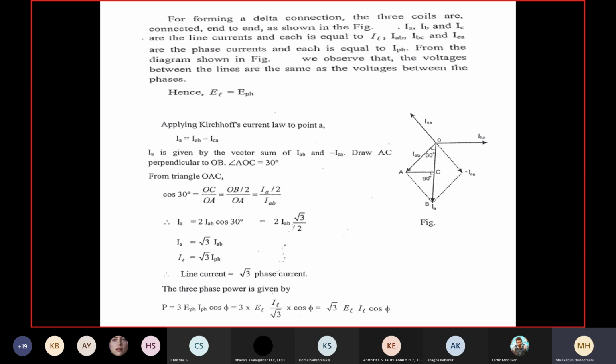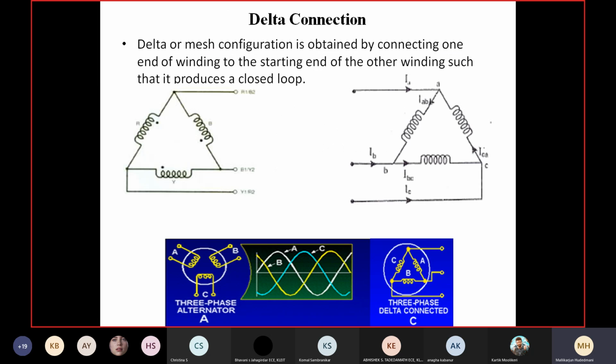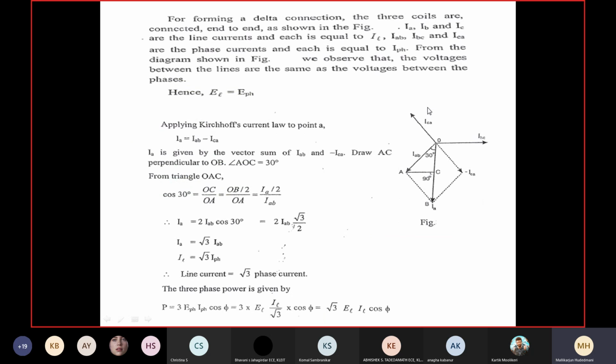Later, applying Kirchhoff's current law to a junction A, IA plus ICA equal to IAB. I wrote here, you can see IA equal to IAB minus ICA. ICA from this side I took on the RHS side. What it became? IA equal to IAB minus ICA.